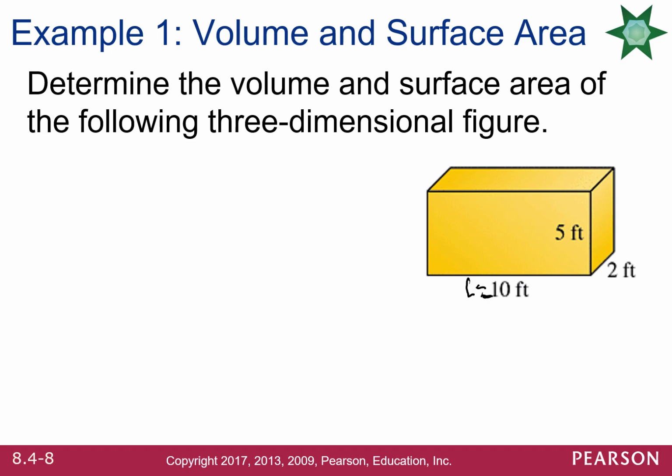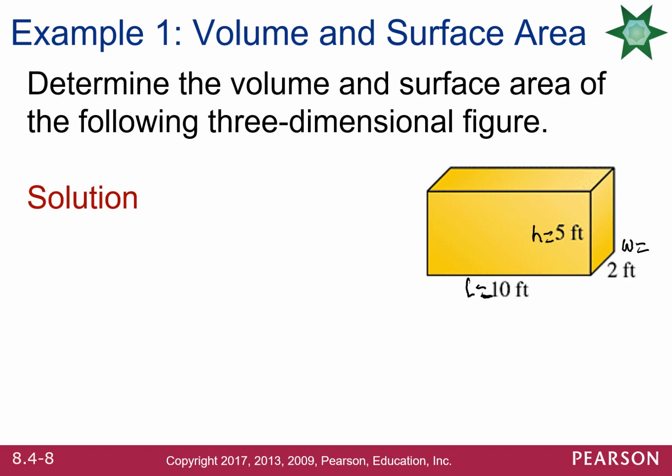So 2 feet is the width, and this 5 feet here is the height of the box, H. All right, so identify which one is the height, which one is the width, which one is the length, so that we can plug in the correct values into the formula.